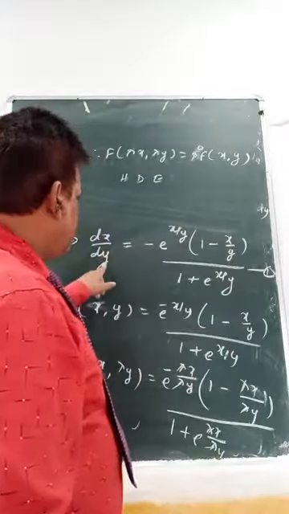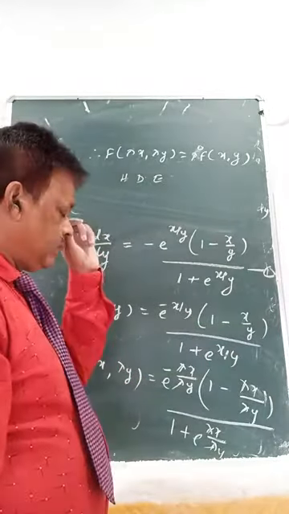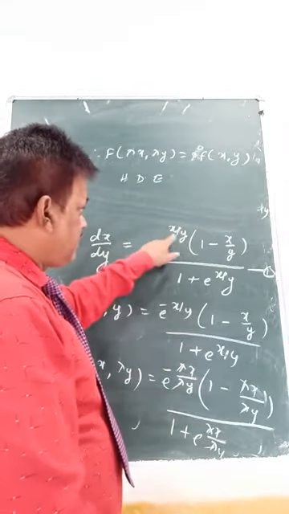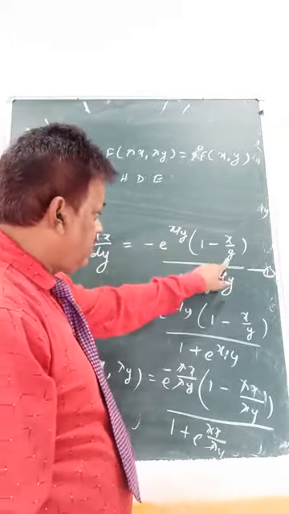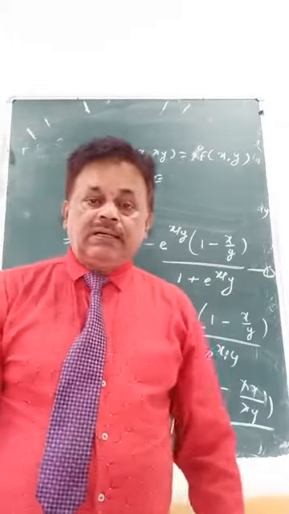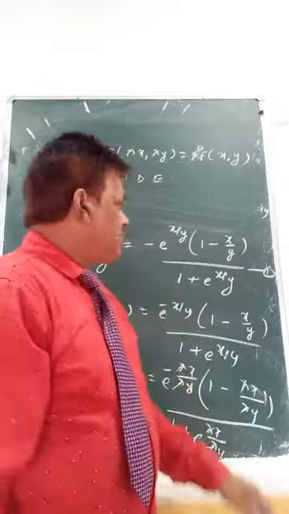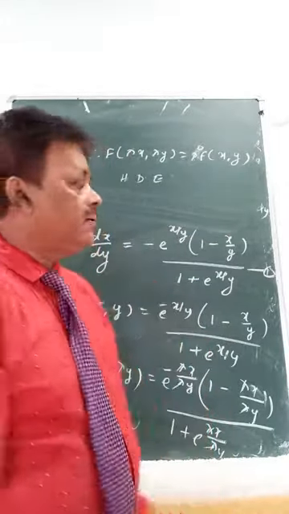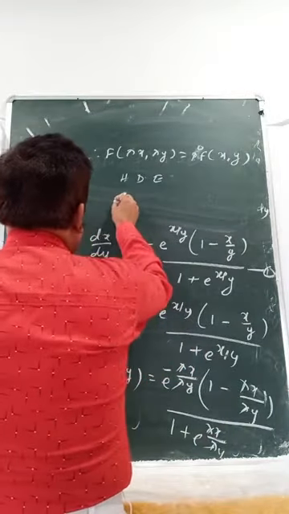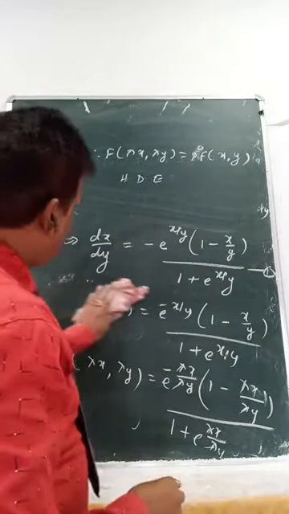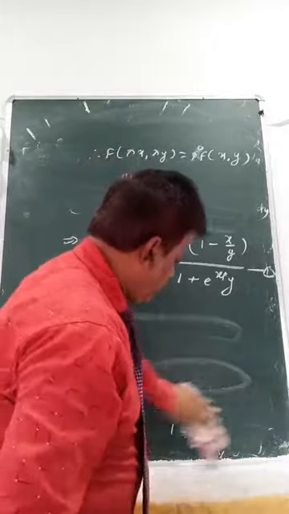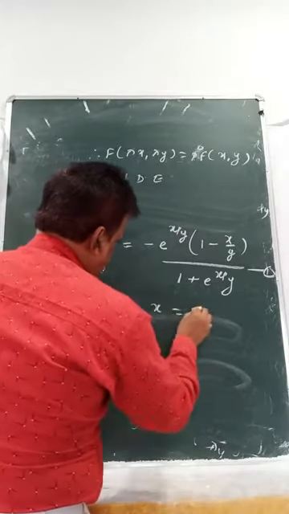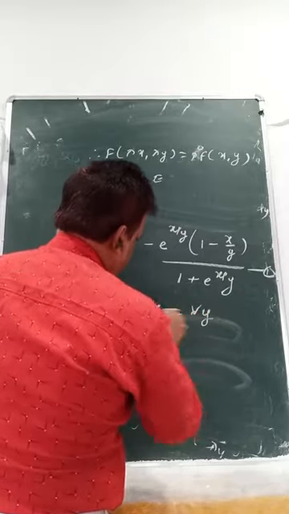When it was dy by dx, you are putting y is equal to vx. When it is x by y form, notice it very carefully, x by y, x by y, x by y. When it is x by y form, you have to put x is equal to vy. Put x is equal to vy, not y is equal to vx.